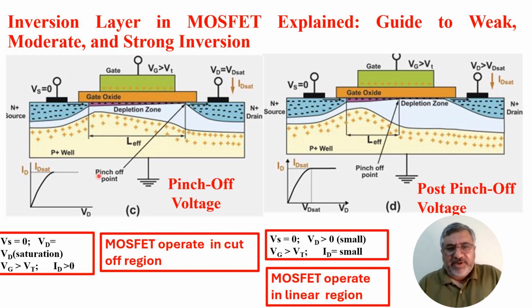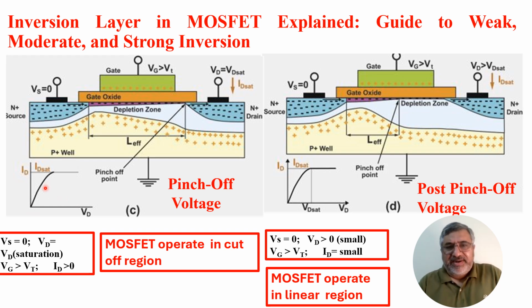Now look at figure C. The formation of the channel is taking place as the gate voltage Vg exceeds the threshold voltage. An inversion layer, which is conductive in nature, forms between the source and drain. This allows current to flow from drain to source as ID is greater than 0, and you can see the graph between ID and VDS.